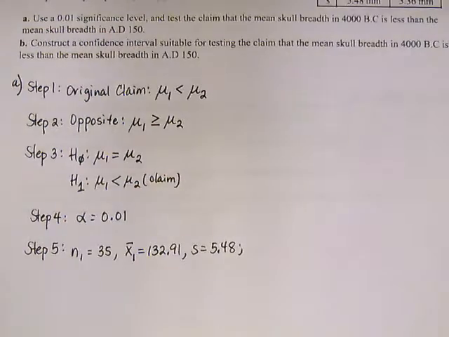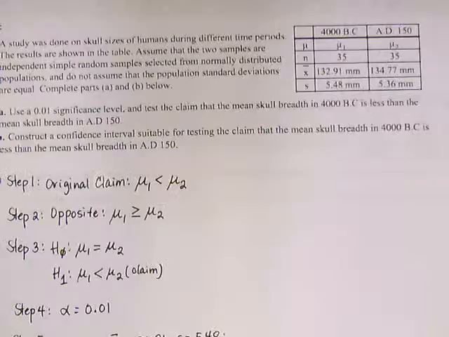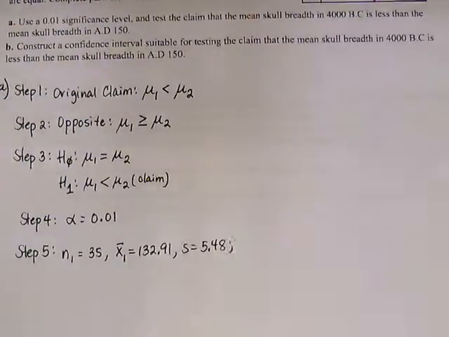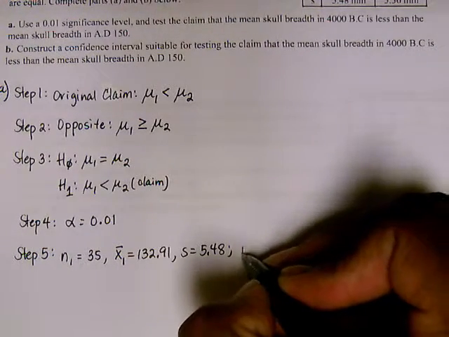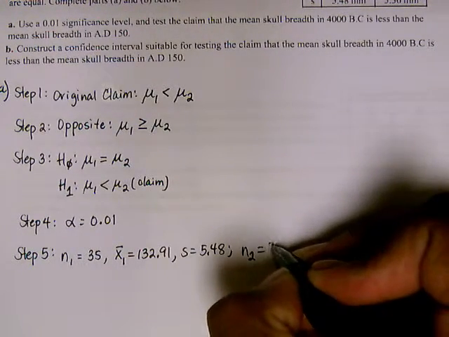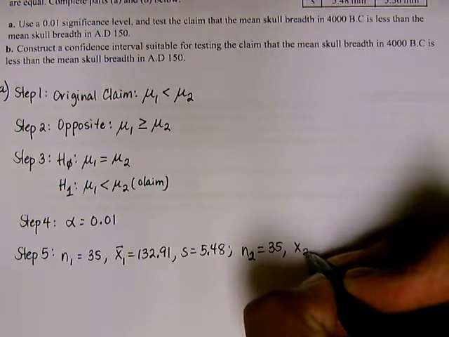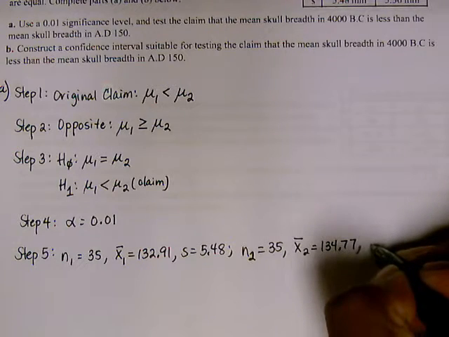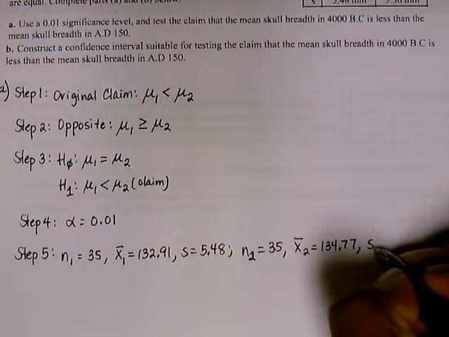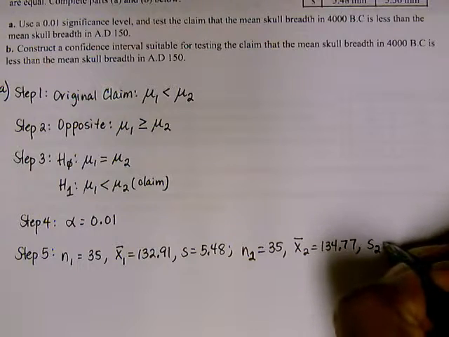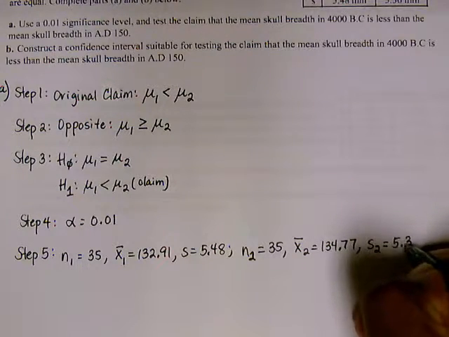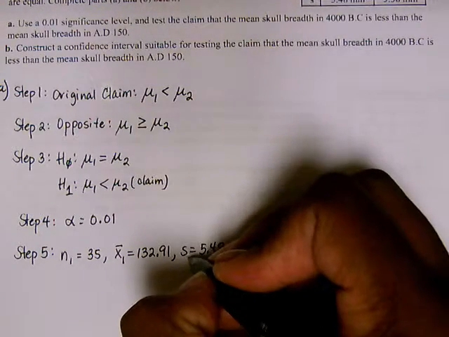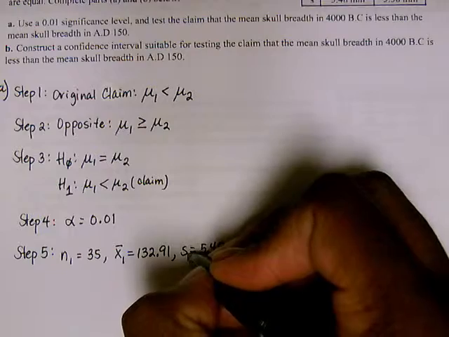I'm getting those data values from the table up here. And then for AD 150, which is mu sub 2, N2 is 35, X bar 2 is 134.77, and S2 was 5.36.